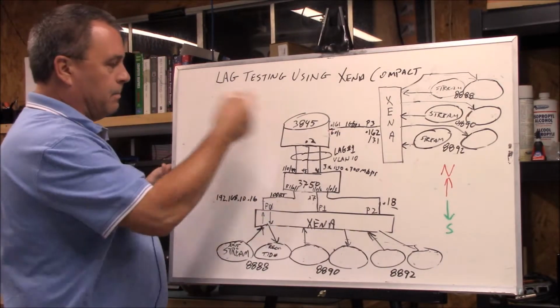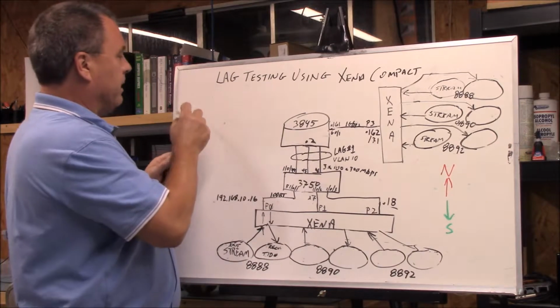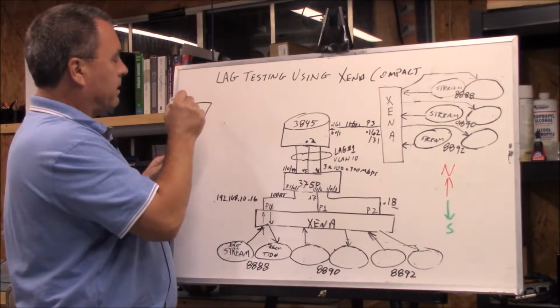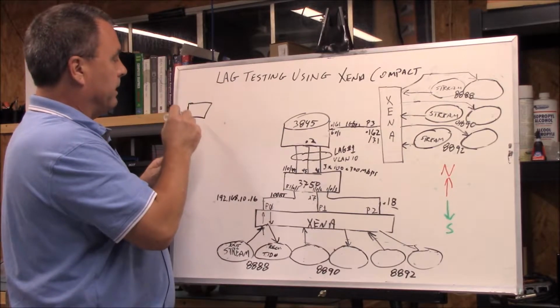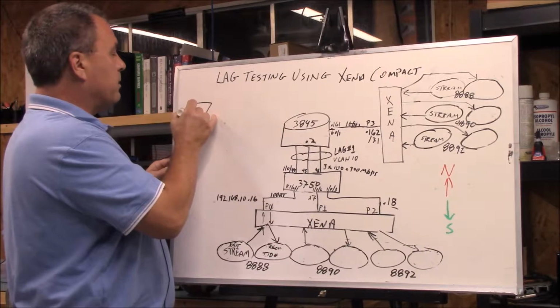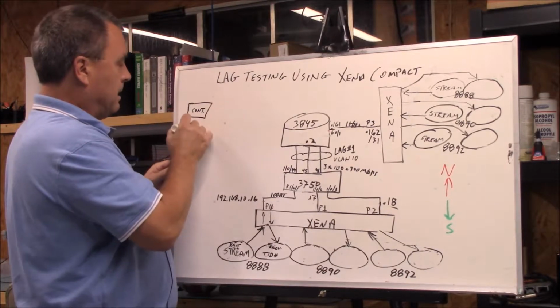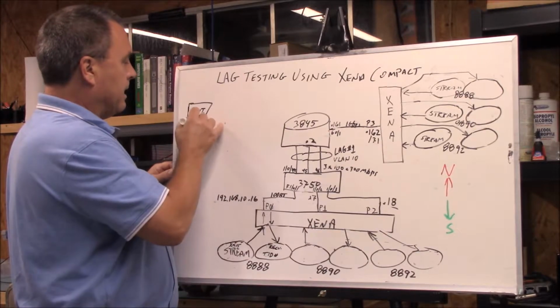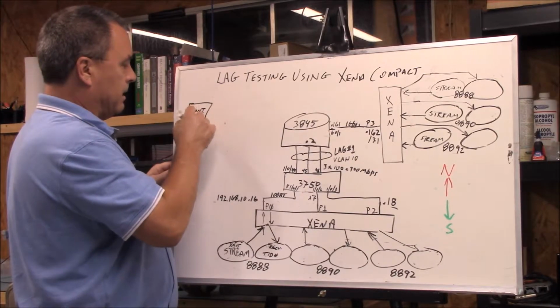And I'm going to draw it up in the corner here because this is for another video. So if you have a switch, let's say it's a soft switch, telephone switch, and it's got a controller up here, and then it's got a media gateway down here, and it's using some kind of signaling.